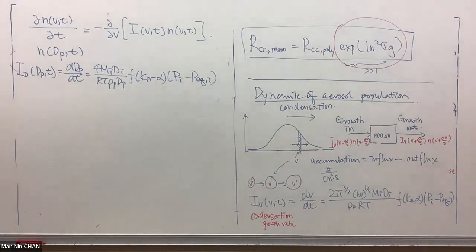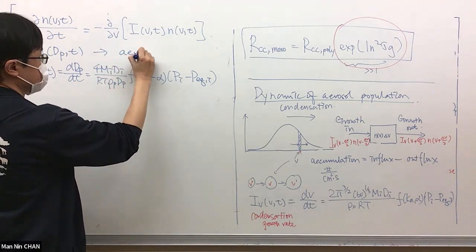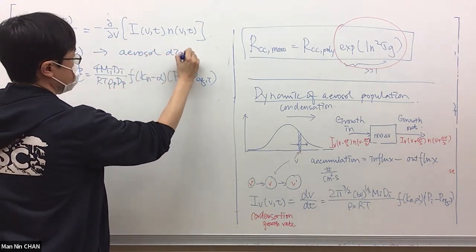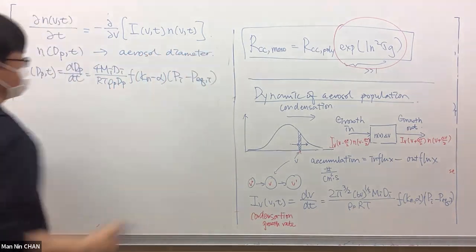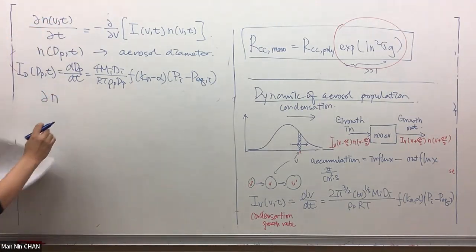Actually, this is most of the equation that we just applied for the condensational growth rate. So therefore, instead of using the particle volume, you can use the diameter. So this term you just replace with some variable that we feel more comfortable with.